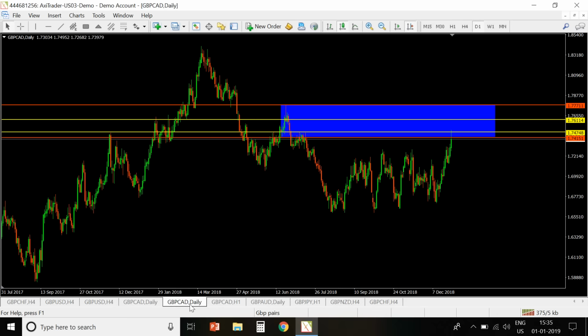You can also take CAD, for example USD CAD, AUD CAD, and all those Canadian dollar pairs, and look for any buy entries in the CAD. If there is a buy entry in that, there is a double confirmation that GBP is going down and CAD is moving up. That will be a very, very positive correlation, using which you are able to enter and make profits.